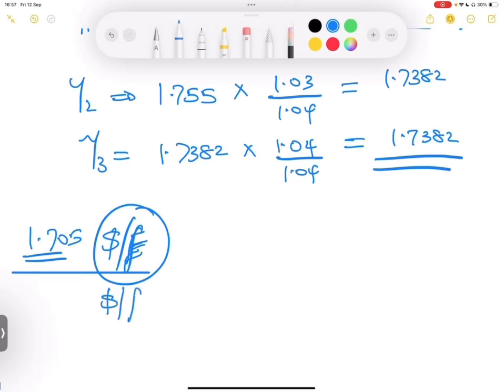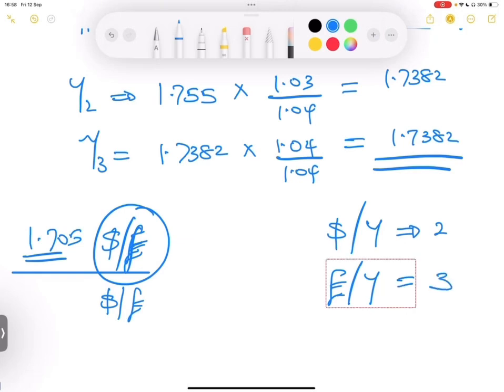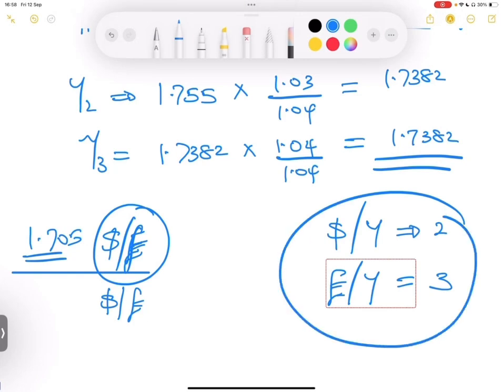You want dollar for pound because you want to convert that dollar to pounds or pounds to dollars. But instead, they can give you exchange rate of dollar for yen, say this is 2, and they can give you pounds for yen to be, say, 3. So this is the information that you have.